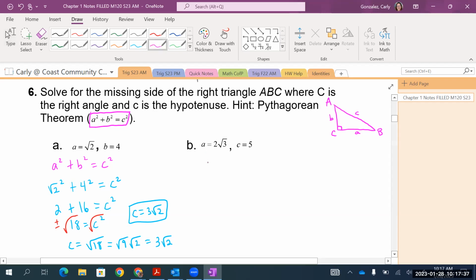So using that formula, a squared plus b squared equals c squared, we're going to plug it in. So plug in A is 2 rad 3. Be careful to make sure we square the whole thing. So I'll put the 2 rad 3 in parentheses, then square that. Plus b squared equals 5 squared.